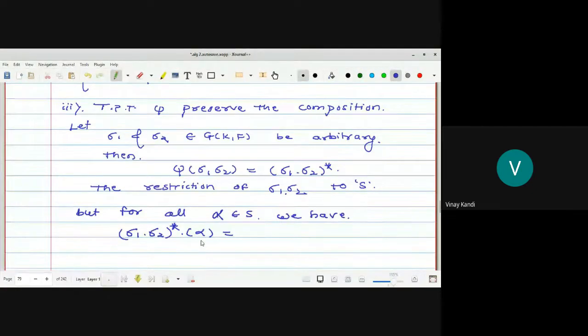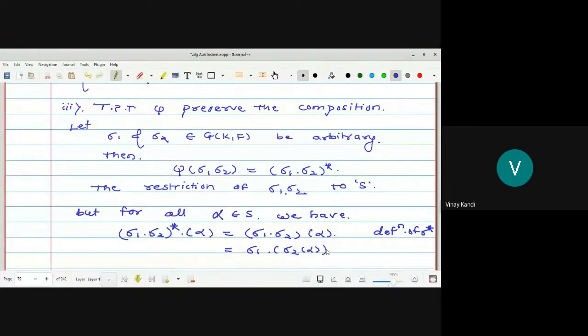Sigma 1 sigma 2 of alpha, by the definition of sigma star, since sigma star is the restriction of sigma on the set S. What are sigma 1 and sigma 2? These are automorphisms, so they preserve the operation. This is sigma 1 of sigma 2 of alpha.